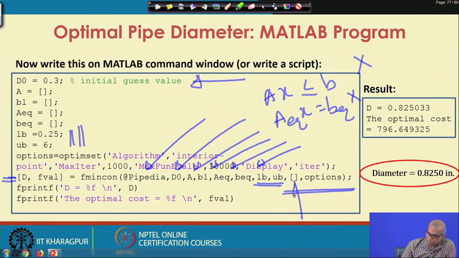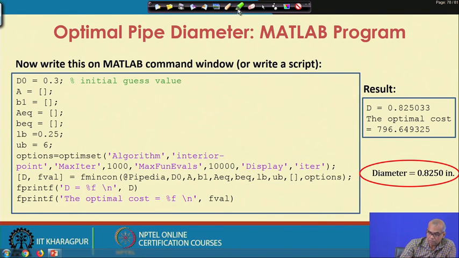I do not have nonlinear constraints, so supplied null, and then options. We have supplied options to define maximum function evaluations 10,000 and to display the results at each iteration.